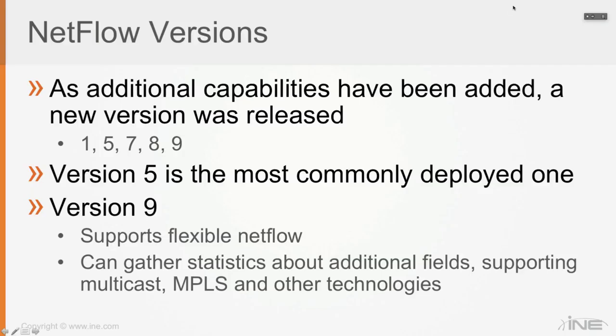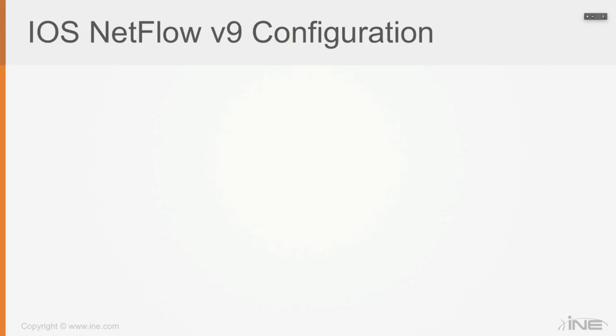And also it can gather statistics about additional fields, additional protocols. For example, it supports multicast flow statistics, MPLS, and also other technologies. Now, configuration wise, on the IOS, it's 3 main steps, 3 main blocks.